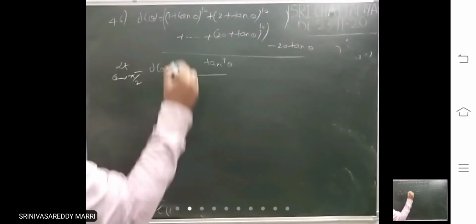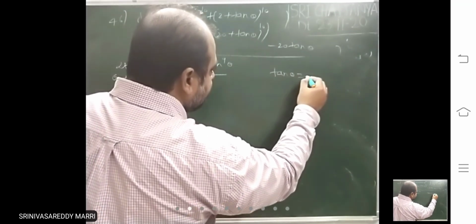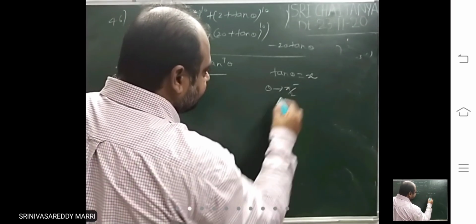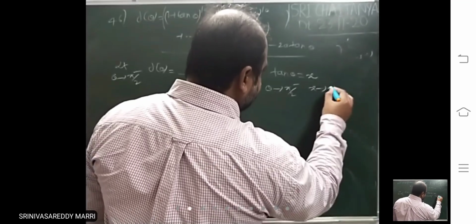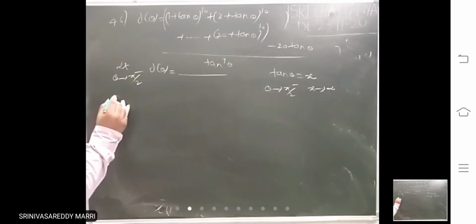F of theta is this. For convenience, what I am taking is tan theta equal to x. When theta tends to pi by 2 minus, x tends to, tan pi by 2 means what? Infinity. x tends to infinity. Convert the problem.